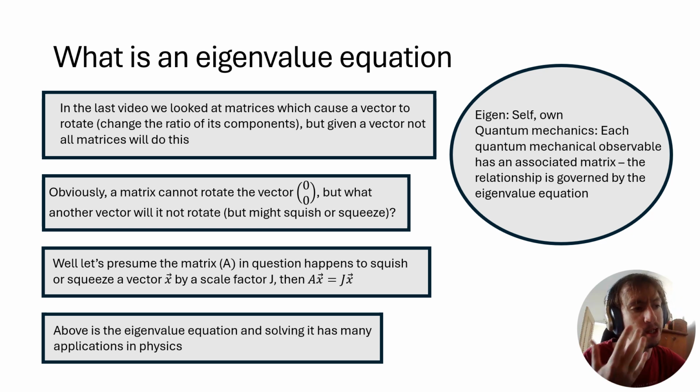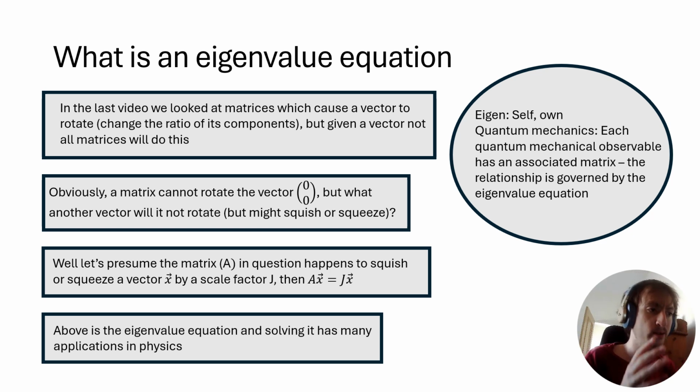And as a prelude to where we're going in quantum mechanics, for every kind of observable, so for every quantity that relates to the state of a system, so that could be momentum, that could be the kinetic energy, there is an associated matrix, and the relationship between the matrix that describes the observable and the values that that observable can take on for the particular system is given by the eigenvalue equation.